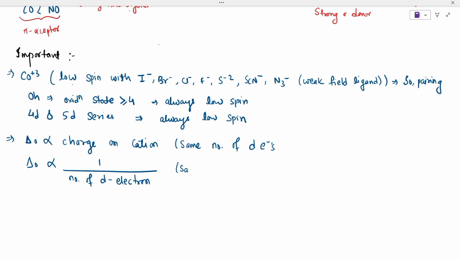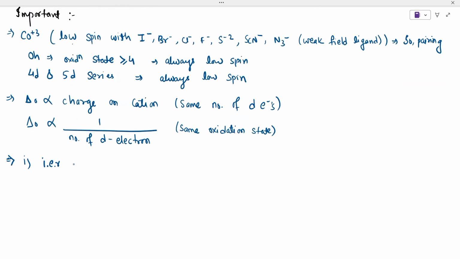If we have the same oxidation state, if interelectronic repulsion is greater than CFSE energy, and that is greater than spin orbit coupling, this is the condition for weak field ligands.